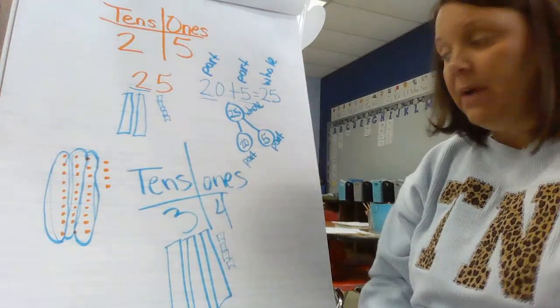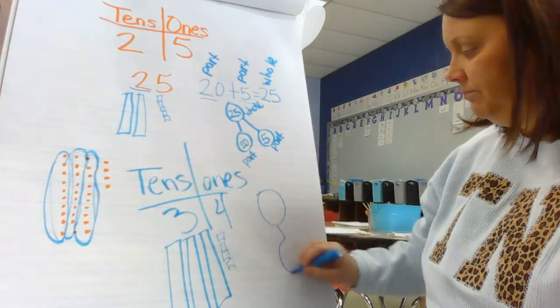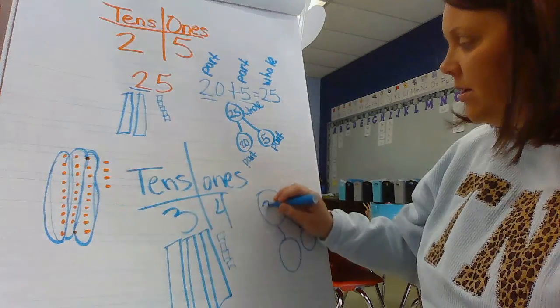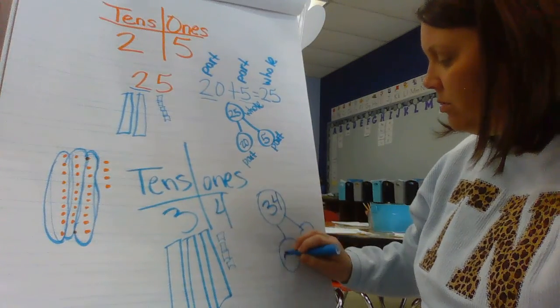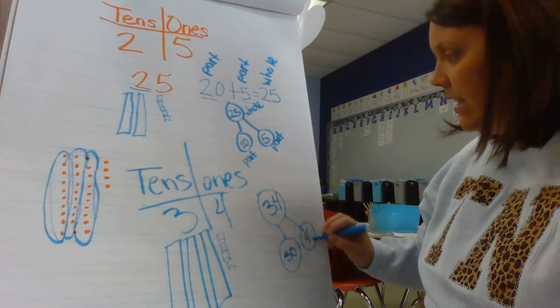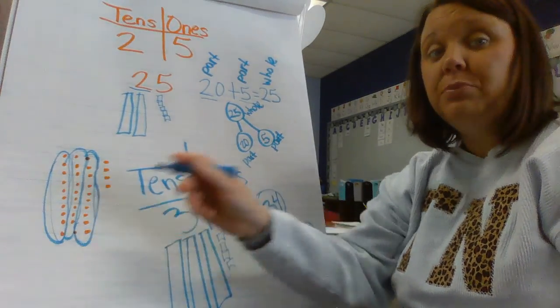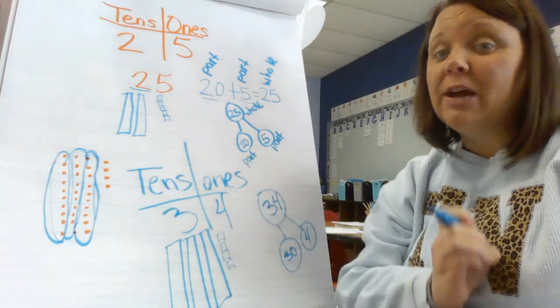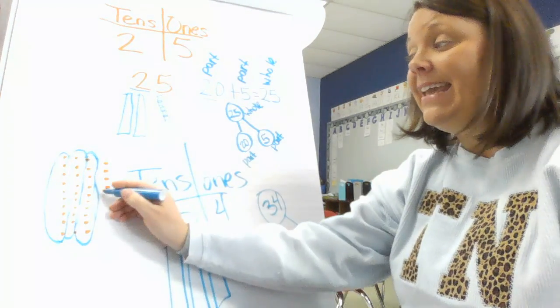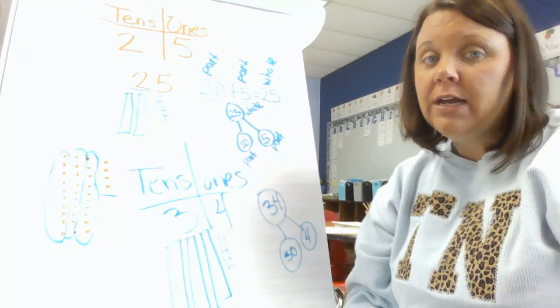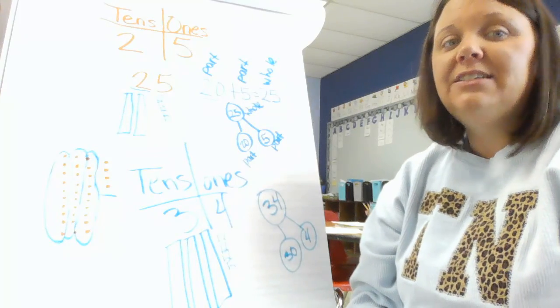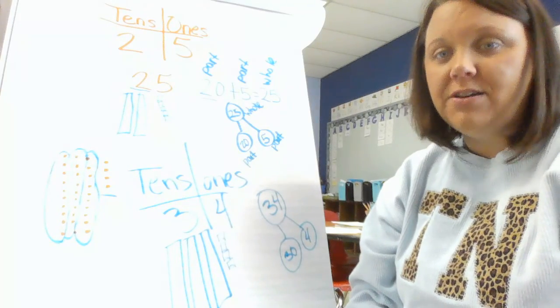Okay, what about my number bond? The number 34 would be the whole, and the parts would be 30 and 4, just like we had right here. 10, 20, 30. I can put 3 tens into the number 30, but I can't put the 4 into a 10 because I don't have enough to make another 10.